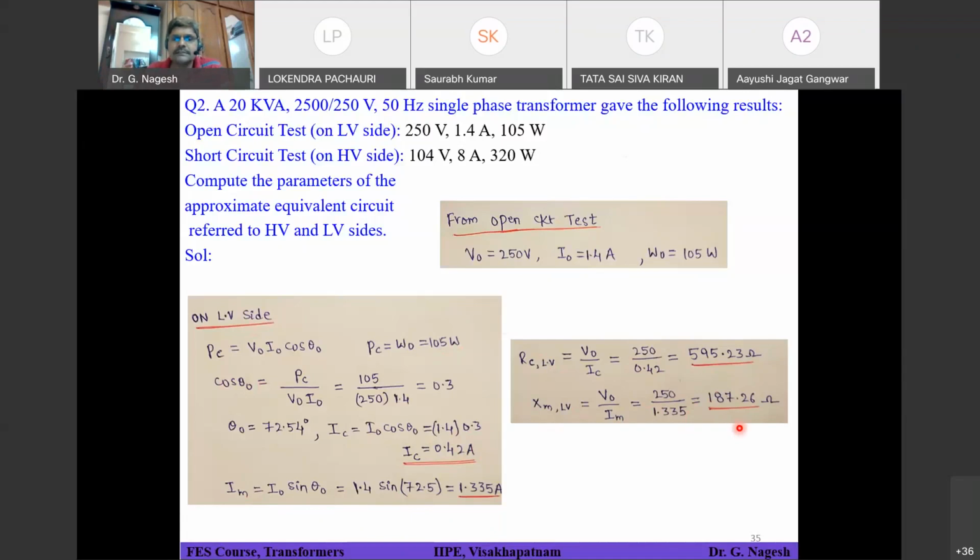Did anyone get the same answer? Yes, sir. REH is 5, and ZEH is 13, XEH is 12.